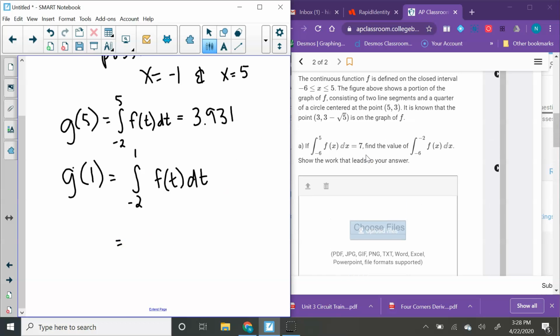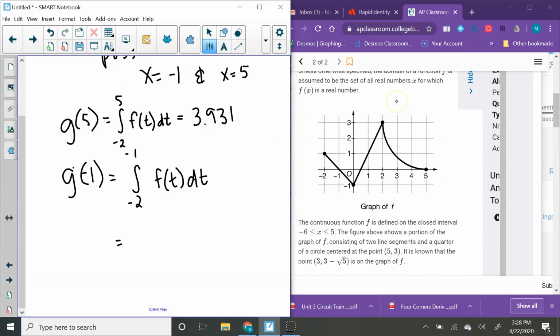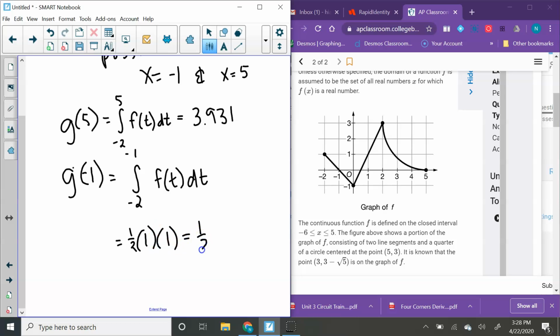I'm sorry, should be negative 1. And so if we look at that, this is a negative 1. That was our possibility right here. So if we go back up here, from negative 2 to negative 1, we just have that tiny little triangle, which is going to be 1/2 times 1 times 1, which is just going to give us 1/2.